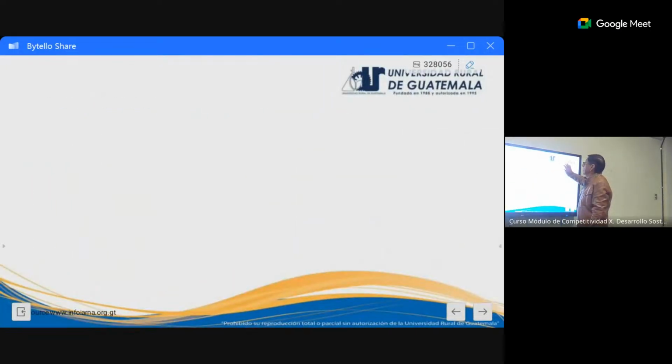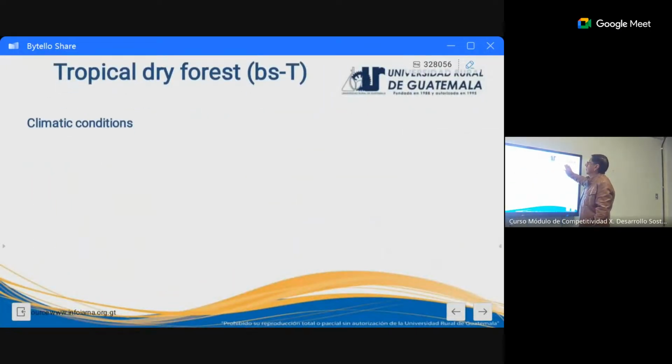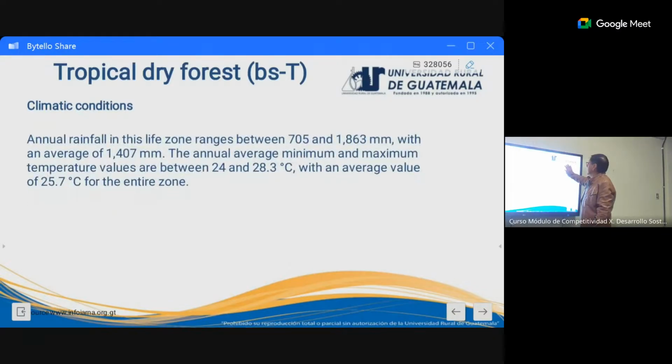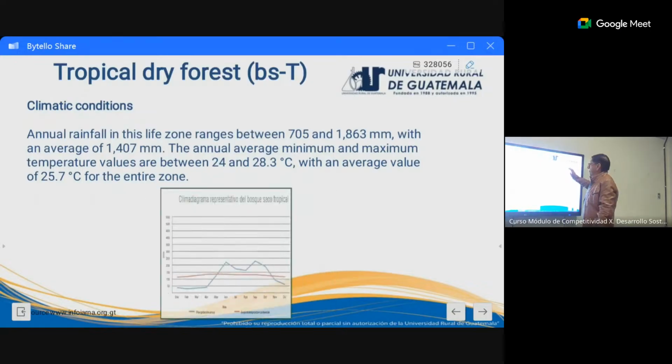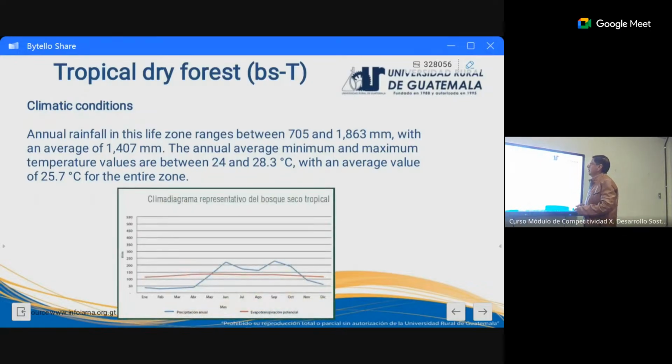Let's continue. Climate conditions. This information here says that the annual rainfall in this life zone ranges between 705 and 1,863 millimeters, with an average of 1,407 millimeters.